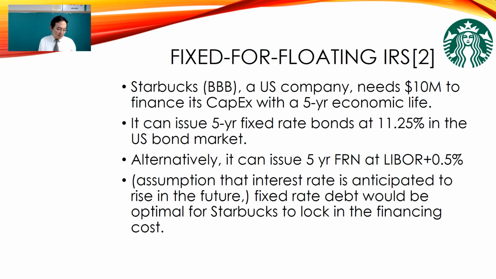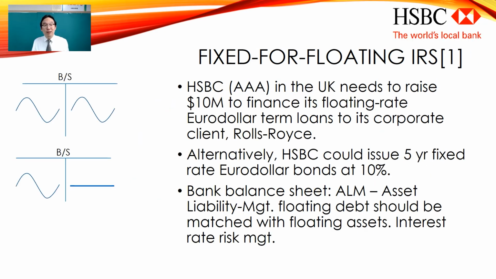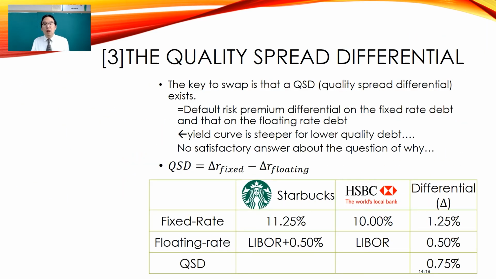In this situation, you want to borrow at fixed rate today, so that the interest rate 1 year from now or 2 years from now will be higher than your actual borrowed rate of today. That's the need. Starbucks wants to borrow at fixed interest payment scheme, whereas HSBC wants to borrow at the floating rate scheme, right?